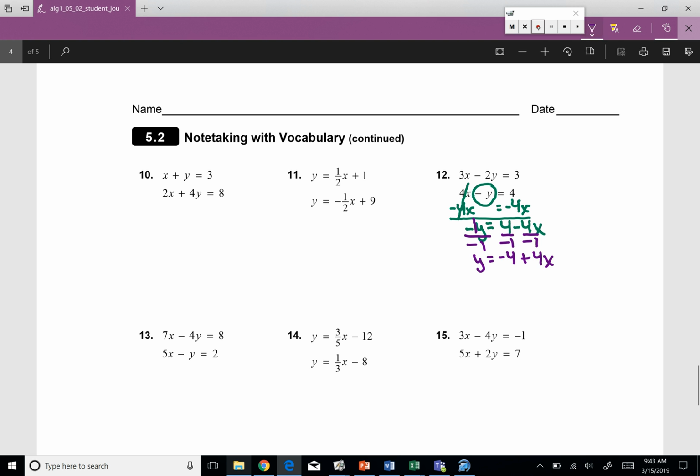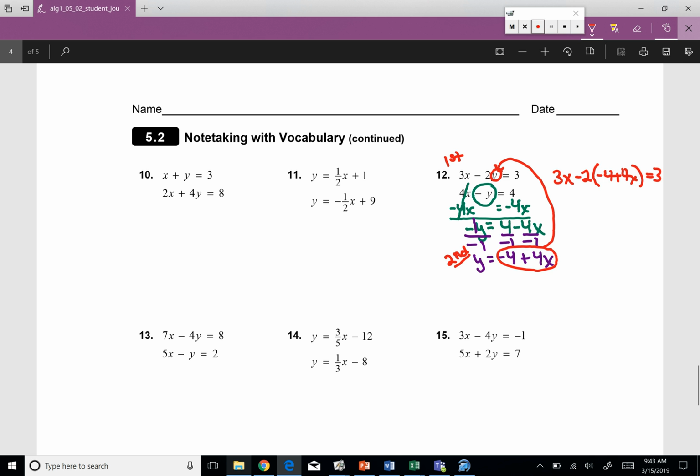I need to take what y equals and substitute it into the other equation for the y value. This was my second equation, so I need to substitute into the first equation. So when I do that, I have 3x minus 2, and then in parentheses, I substitute what y equals.